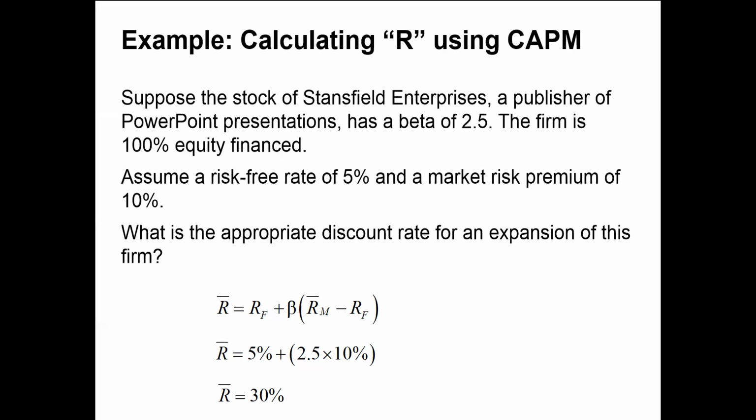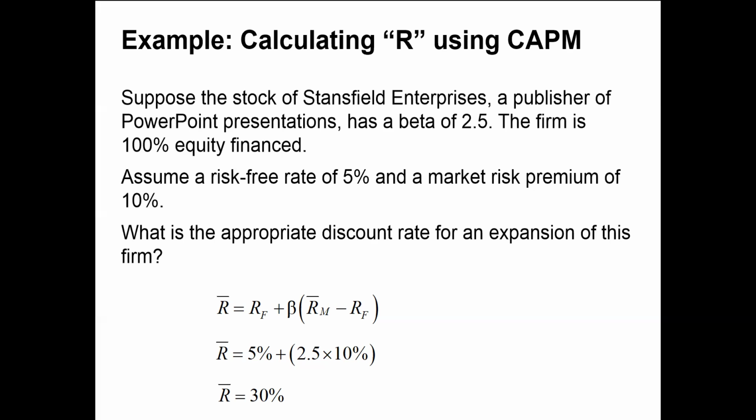So what is the cost of equity capital? 30%, right? 30%. So getting the cost of equity capital by using the CAPM is very easy. It is very straightforward like this.